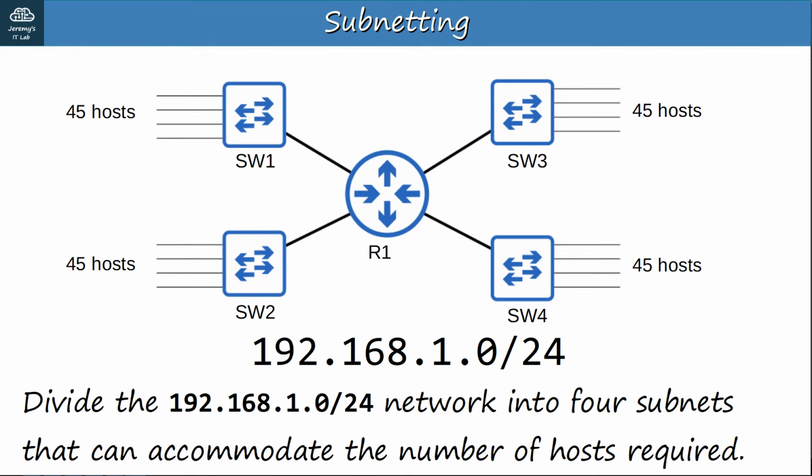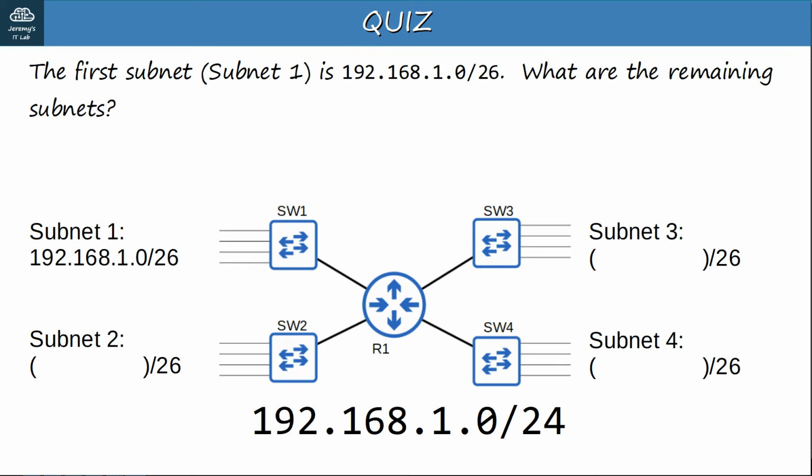So, let's take a look at how to solve last video's question. I asked you to divide the 192.168.1.0/24 network into 4 subnets that can accommodate 45 hosts each. We found that a /26 subnet is the right size to fit 45 hosts, so we assigned the block 192.168.1.0/26 to subnet 1.